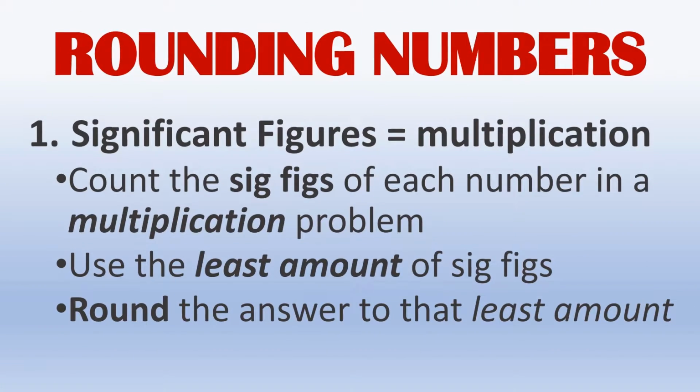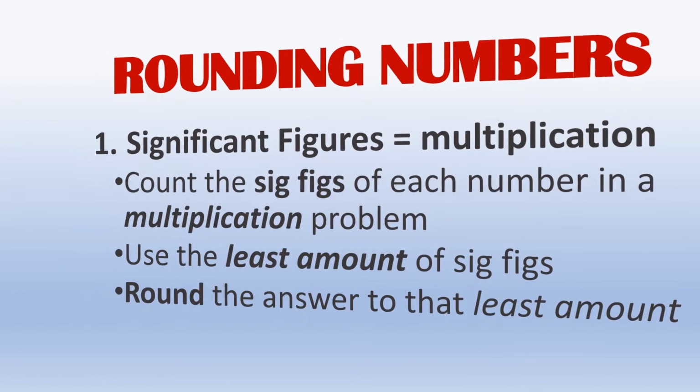When you're rounding the answer to a multiplication problem, you use significant figures. You count the significant figures of each of the numbers in the multiplication problem, use the least amount of sig figs, and then round the answer to that least amount of sig figs.